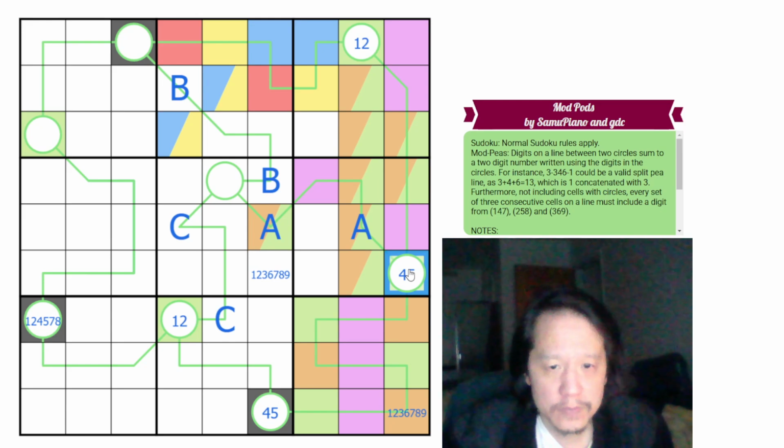Hmm. This must be a different one then. So this is the same digit. Whatever digit is here has to be the same one here.